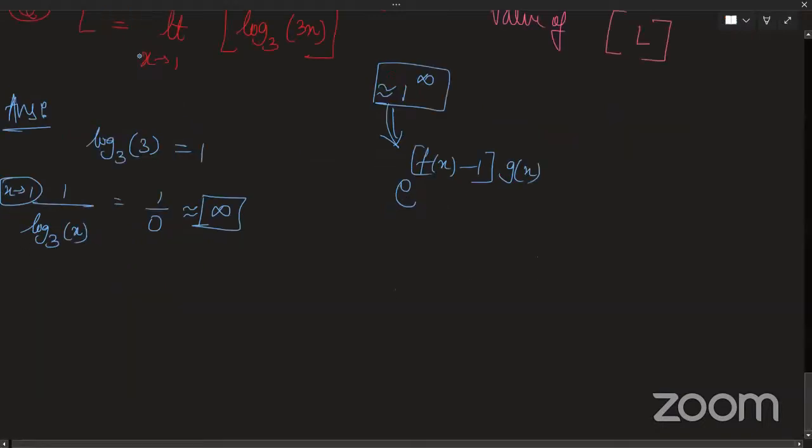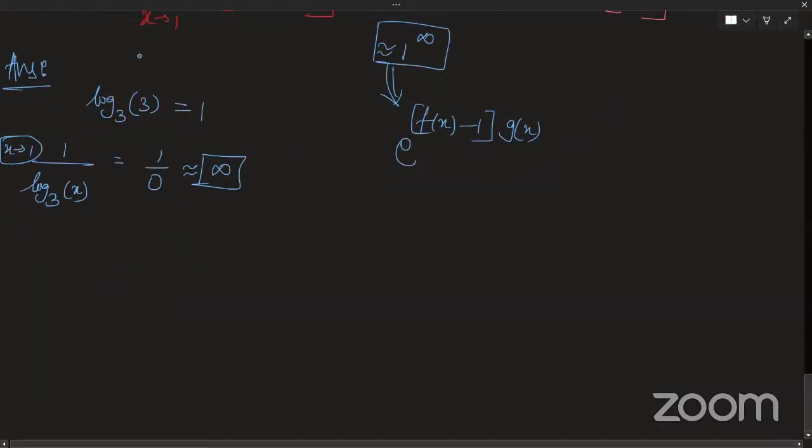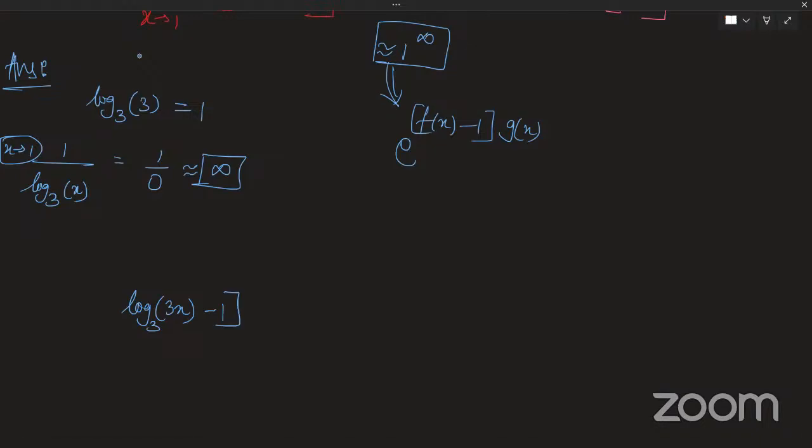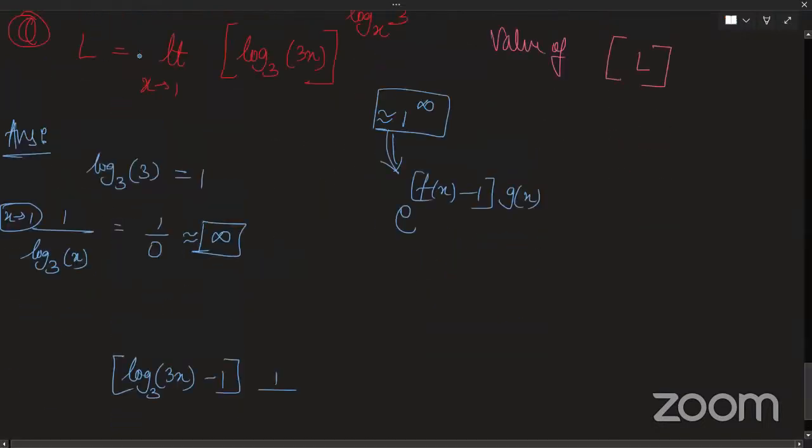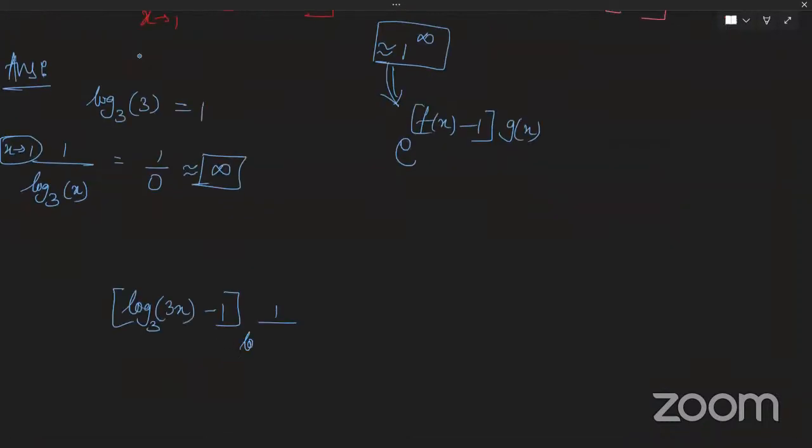So e raised to f of x minus 1. f of x minus 1 would mean log base 3 of 3x minus 1, into g of x. g of x can be written as 1 by log base 3 of x.